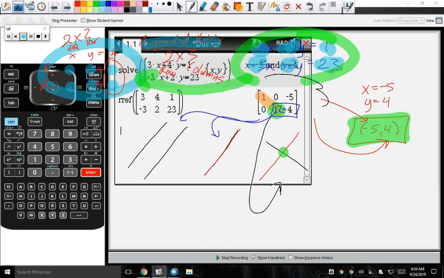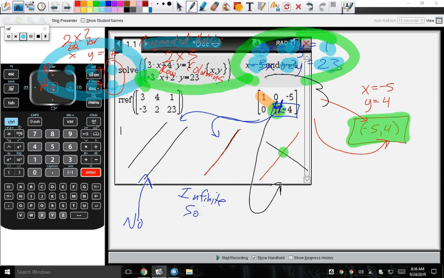And you ask yourself the question, does 12 equal 4? No. So it would be no solution. If it was 4, then what would it be? Infinite solutions, because 4 equals 4.